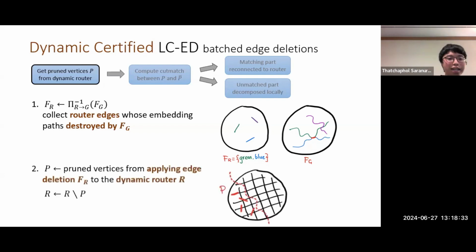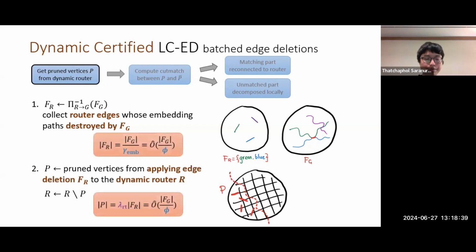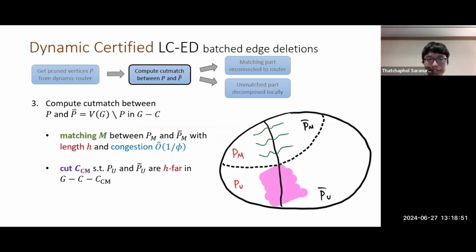Then we apply the dynamic router with these edge deletions. The point of these two equations is just to show that the size of the pruned vertex set is not too large, only blowing up by a 1/5 fraction.